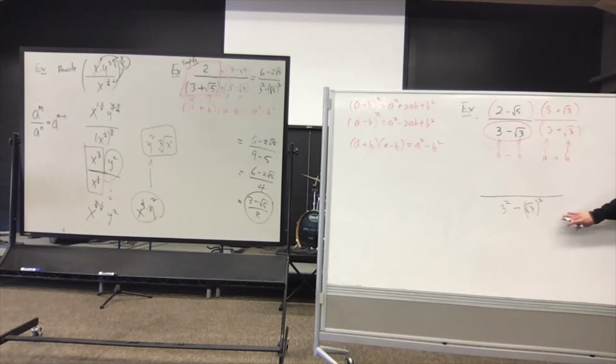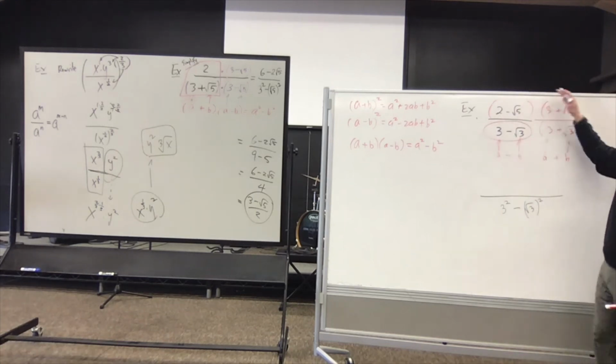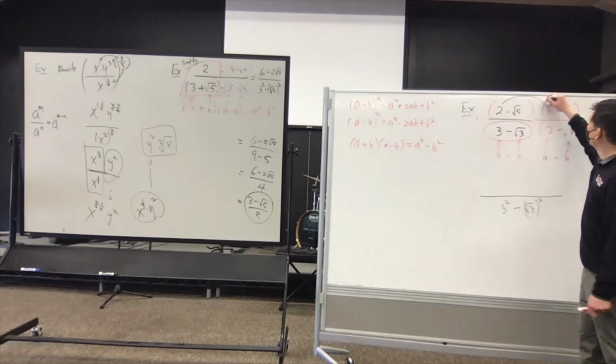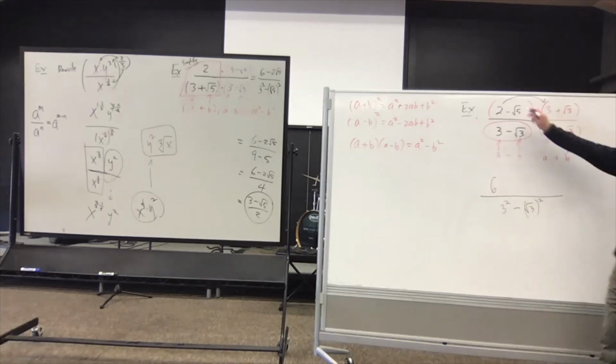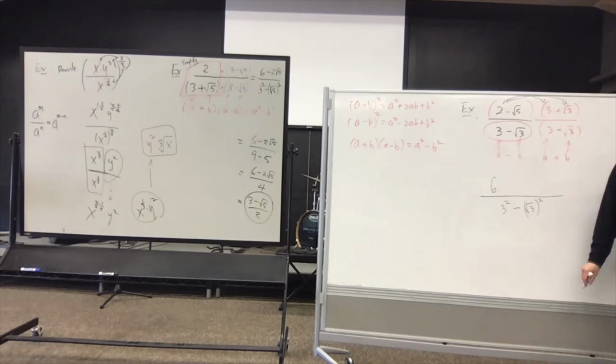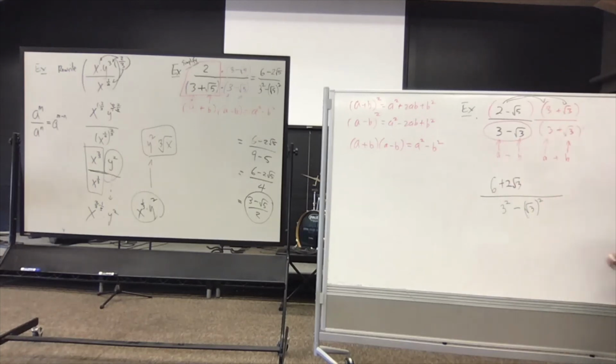Okay, so I don't want to rush to try to finish this. I just want to make sure I clean up the top. The top, right, you do the formula, right? 2 times 3 is 6, right? 2 times positive square root of 3 is positive 2 square root of 3.